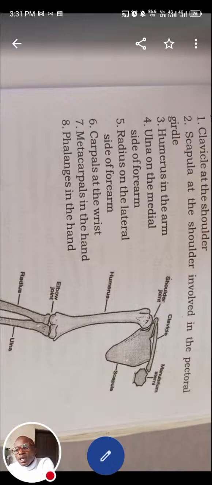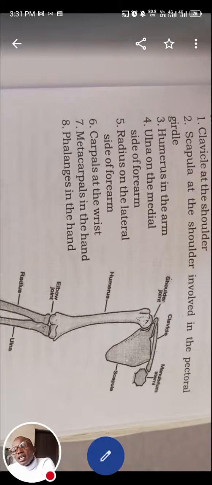Let's put it this way. Radius, ulna, phalanges. Let's put it this way. Scapula, clavicle, humerus, radius, ulna, metacarpals, and phalanges.